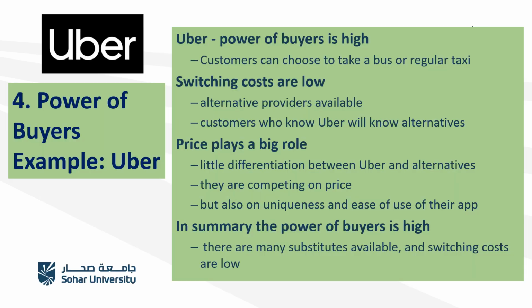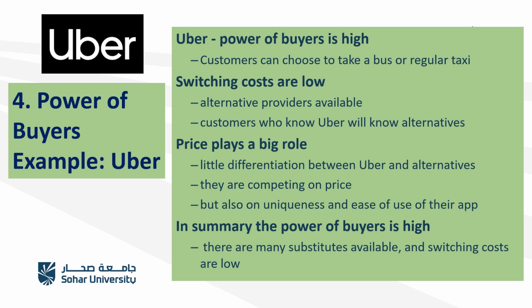And then, as a case study, we will take Uber for the power of buyers. So for Uber, the power of buyers is high. Customers can choose to take a bus or a regular taxi or any other company that has similar services to Uber.